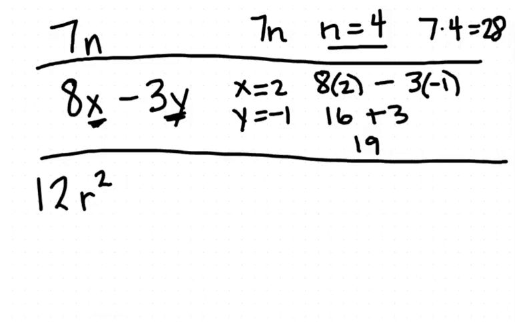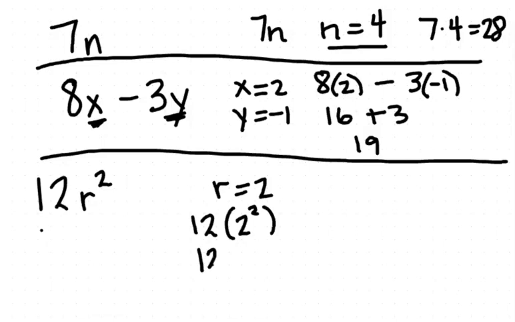I'm going to do two different r values. The first r value is going to be, let's do a positive 2. Okay, so I'll do it over here. 12, then I have a +2, and I'm going to square it.